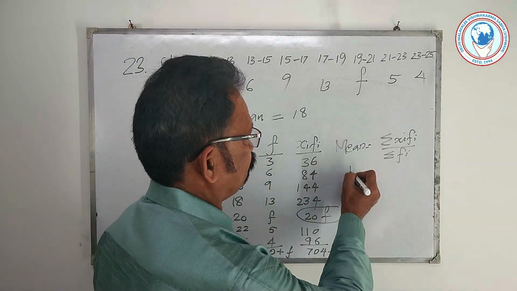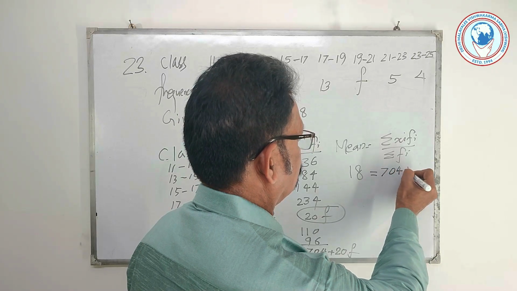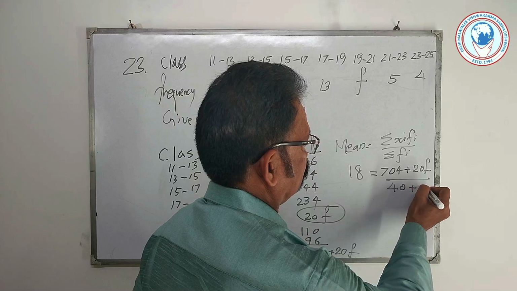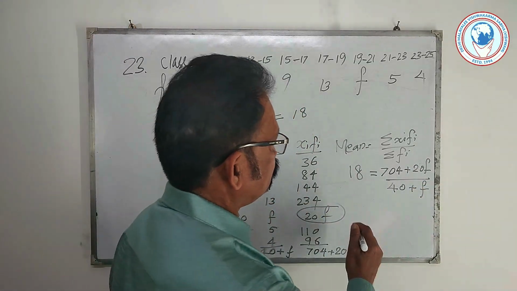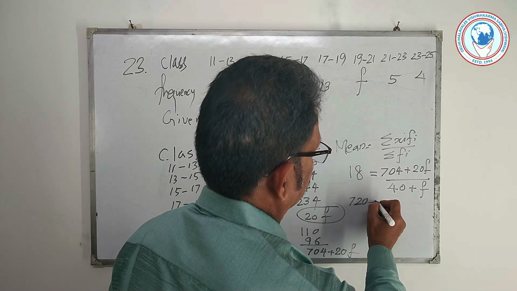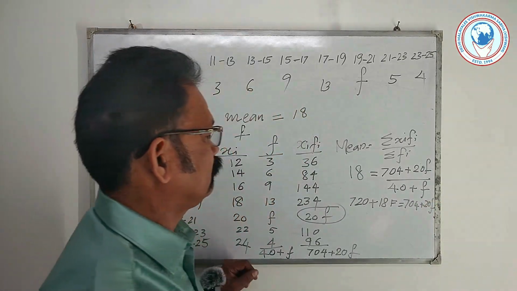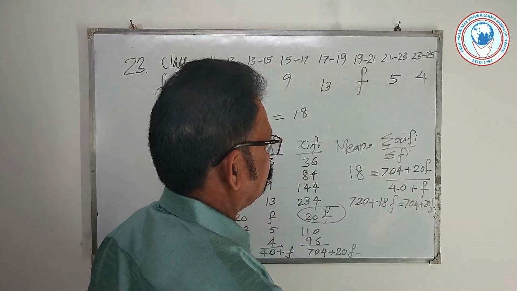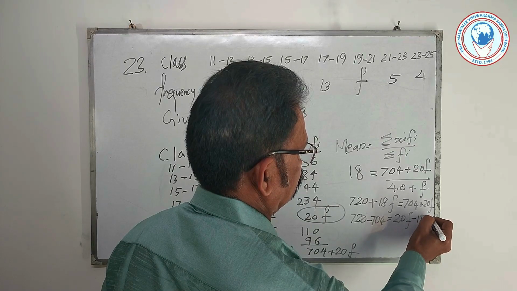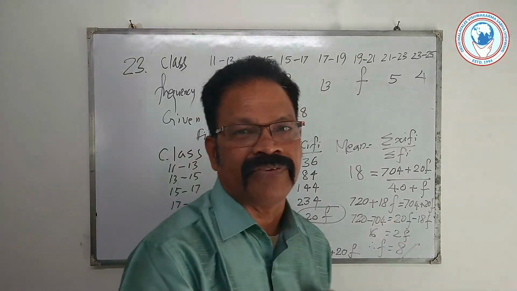Given that mean is equal to 18, sigma xi fi divided by sigma fi. Cross multiplying, f is equal to 8.